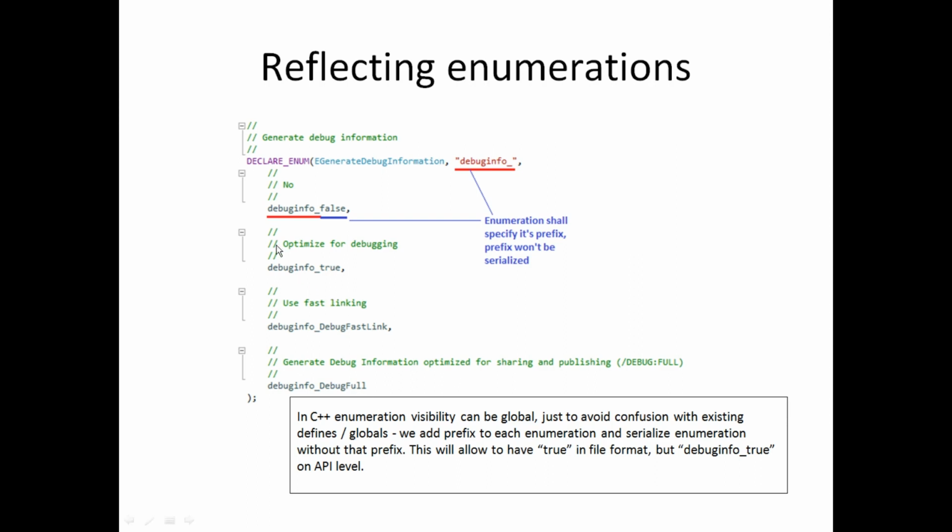So I've decided to add a prefix to those parameters. We have this kind of define macro, which is actually defining the enumeration name, the prefix for all enumeration values, and the enumeration values themselves. But when we serialize the enumeration value, for example debug info false, it will serialize only false on the file format level.